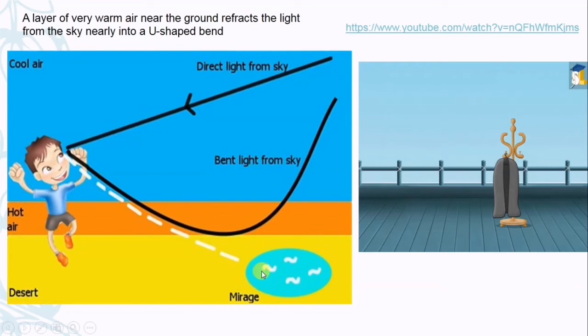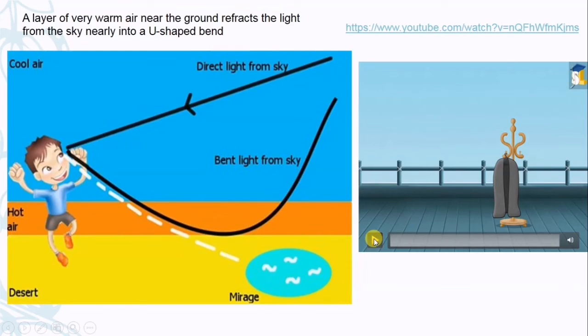But this is for sure not the actual source. This is just a virtual image. So we think that this is the source that gives us this black ray here, but the actual source is where? Is the sun. So the puddle of water that we see on the sand in the desert is just a virtual image of the sun on the sand.